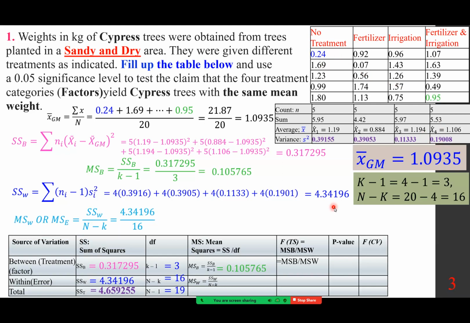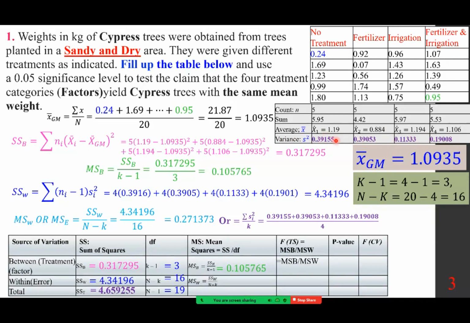Now, what is the mean square for the within? You divide by n minus k, or 16, that you put here. And you get this number. A second method is just add up these numbers, add this last column, the variances, and take a mean of that.